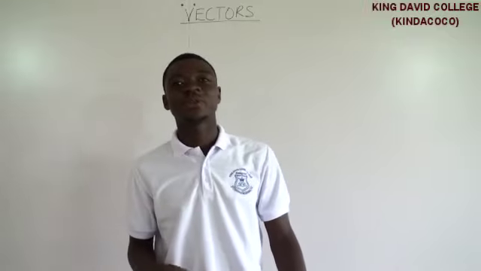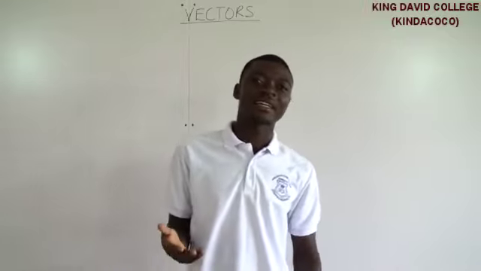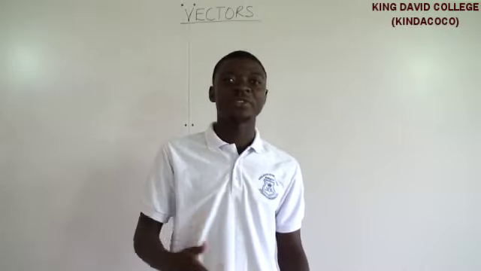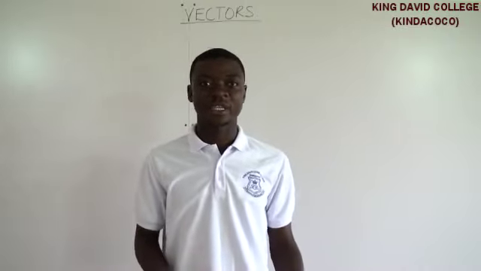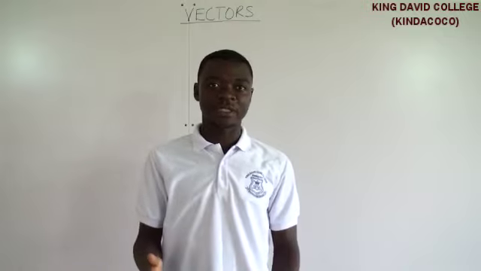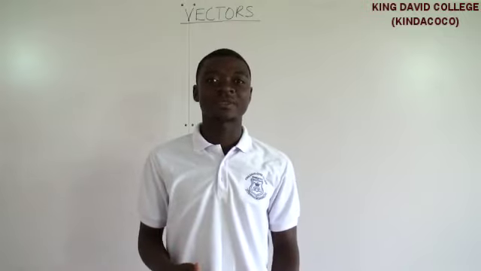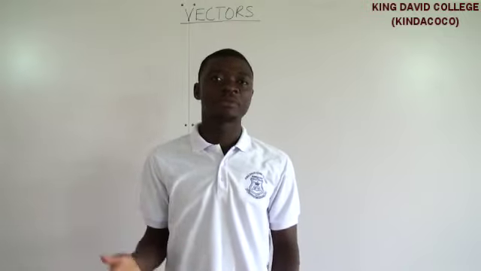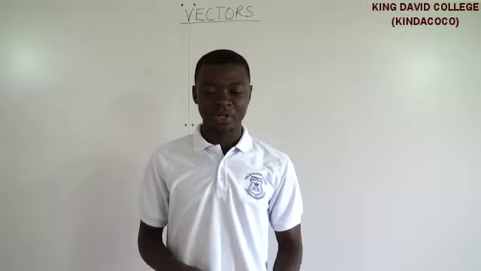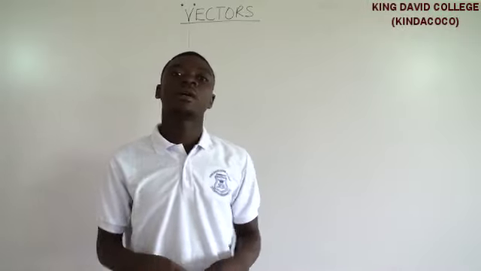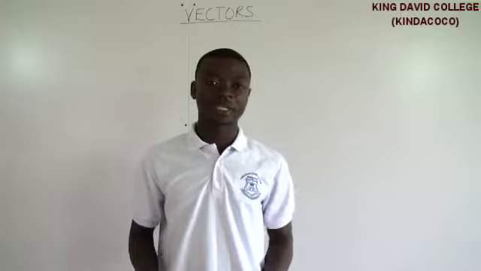So that is a vector quantity, it has both magnitude and a direction. A vector quantity has what? Magnitude, direction. So in this particular video we are going to look at the vector quantities.